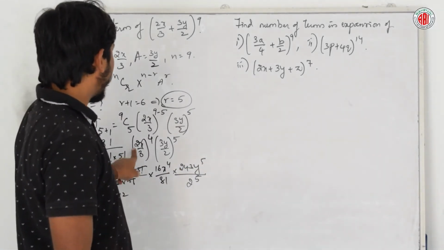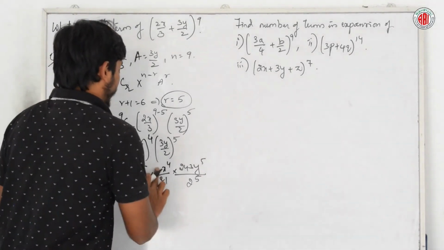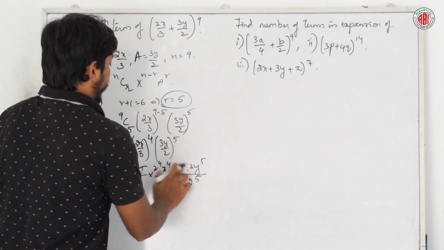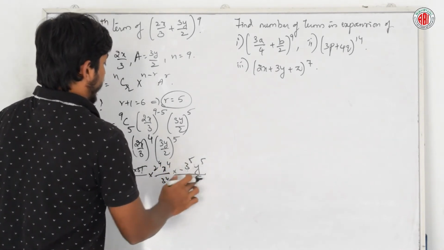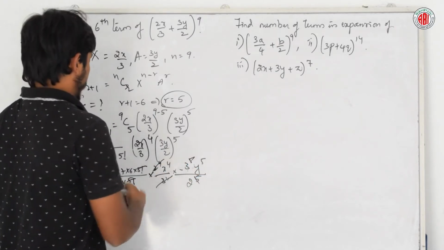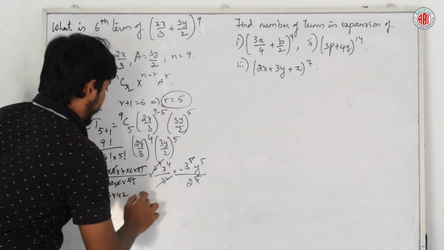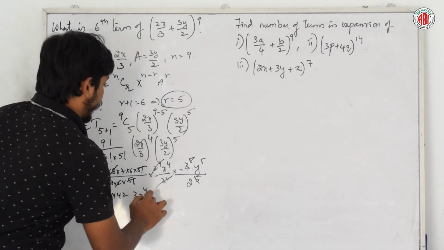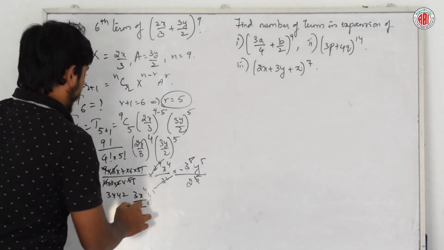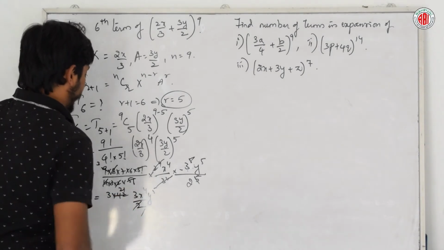Or else you can simply cancel here, right? Here it is 2 power 4, here it is 3 power 4. Here it is 3 power 5 and here it is 2 power 5. 4 and 1 2, 4 and 1 3 will be cancelled. I will be left with 3 x power 4 y power 5 by 2. Fine. 2 1s are 2, 2 1s are 2.